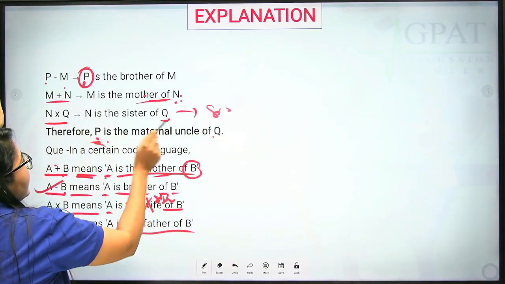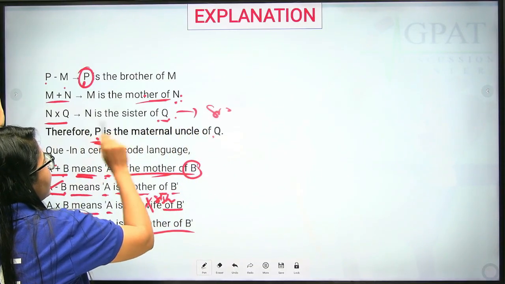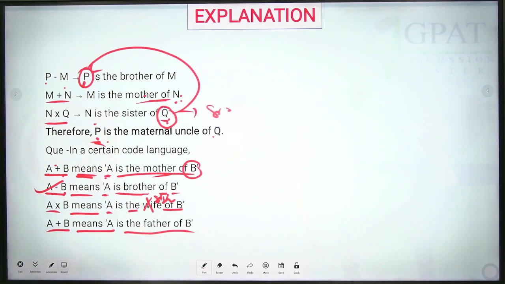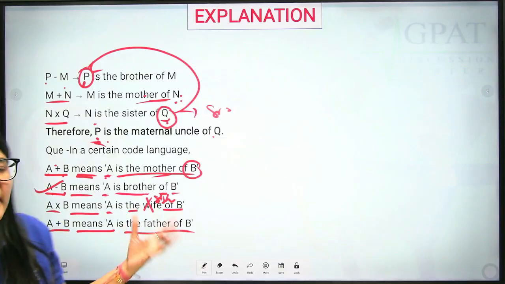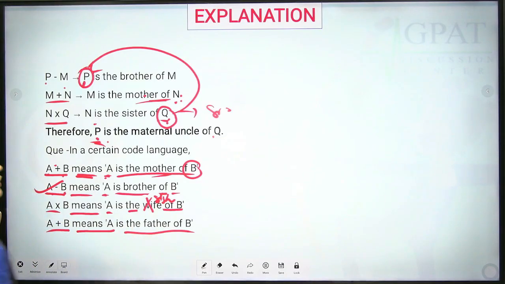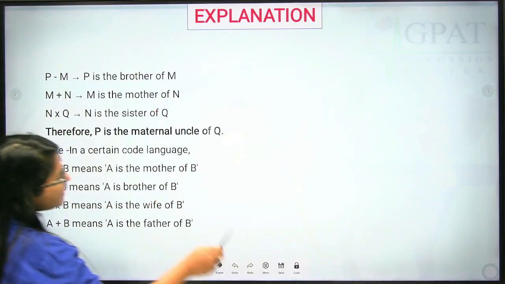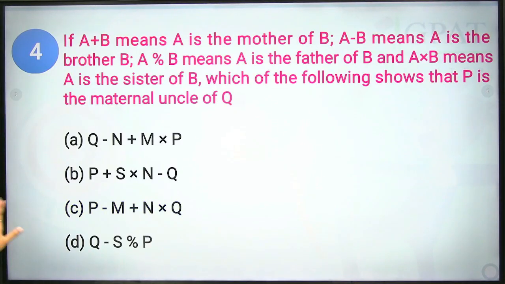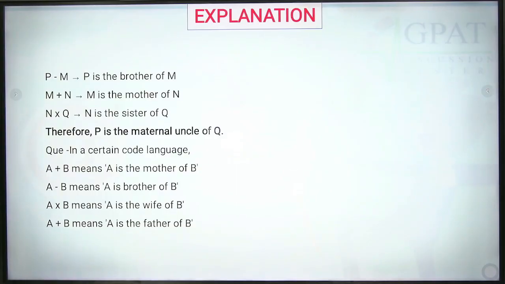So if N is the sister of Q, then P will be the uncle of Q as well as the uncle of N. So yes, there is a maternal uncle relationship between these two. Clear? So P minus M plus N into Q will be the formula.